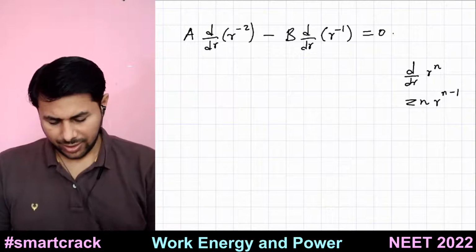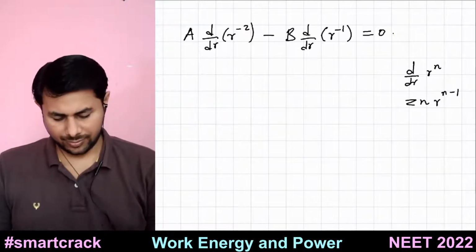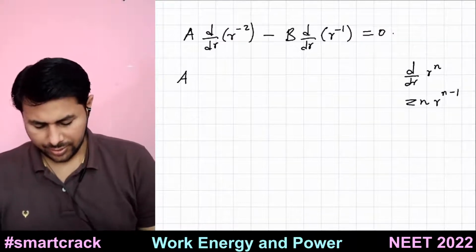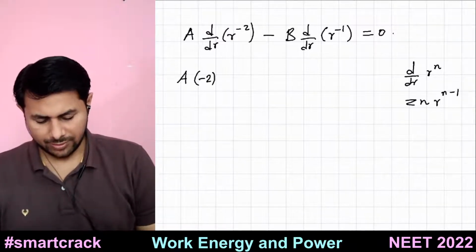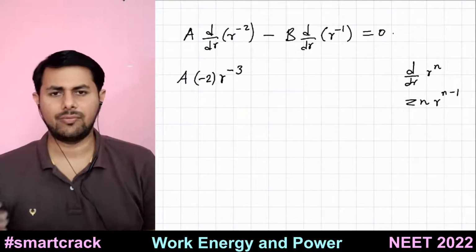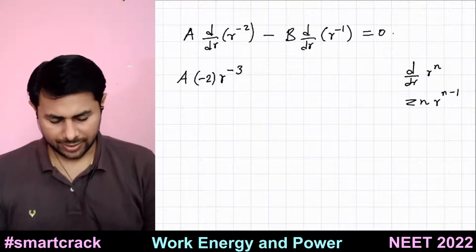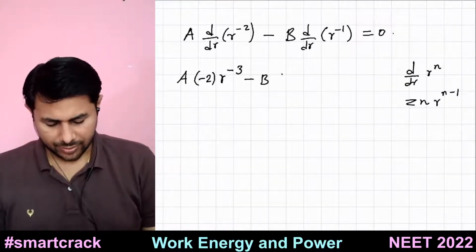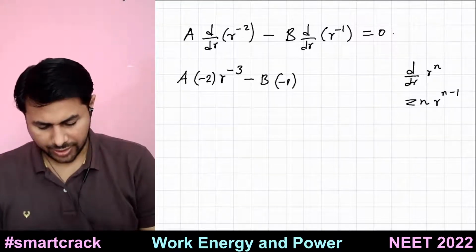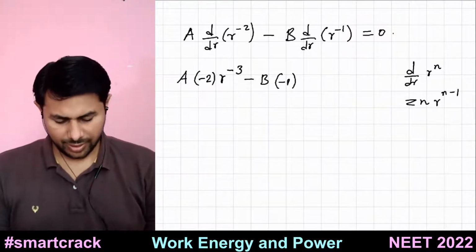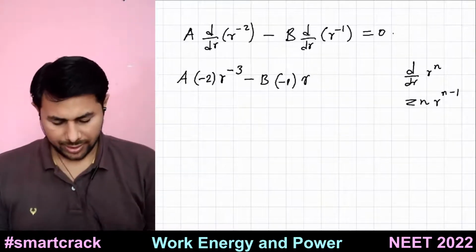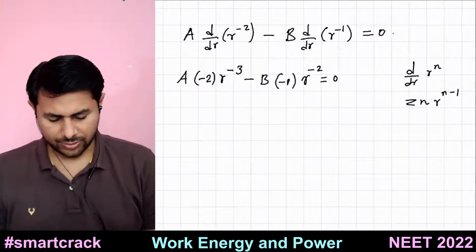Here n is equal to minus 2 and here n is equal to minus 1. So it is a into minus 2 times r raised to minus 3, since minus 2 minus 1 is minus 3. Minus b into minus 1, because here we have r raised to minus 1, so minus 1 into r raised to minus 2, and that's equal to 0.